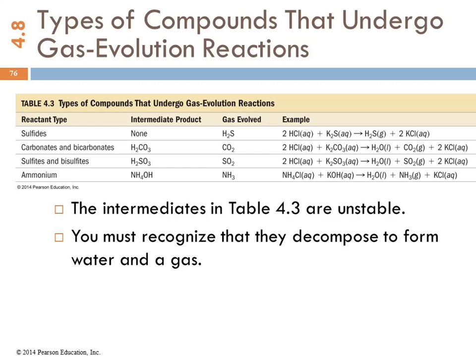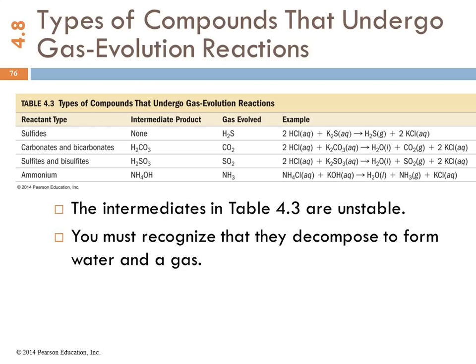There are 4 different types of reactions that can form gases. Sulfides: if you swap partners with your ions and you end up with H2S, you just need to remember that's a gas at room temperature, and so we've got a gas evolution reaction. Carbonates and bicarbonates: if you end up with H2CO3, this is carbonic acid, you need to remember that that is not stable, and it's going to decompose and form CO2.